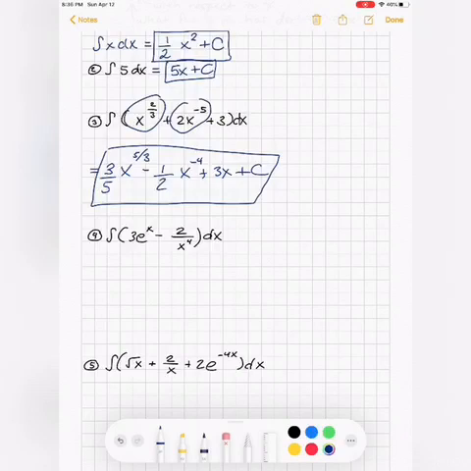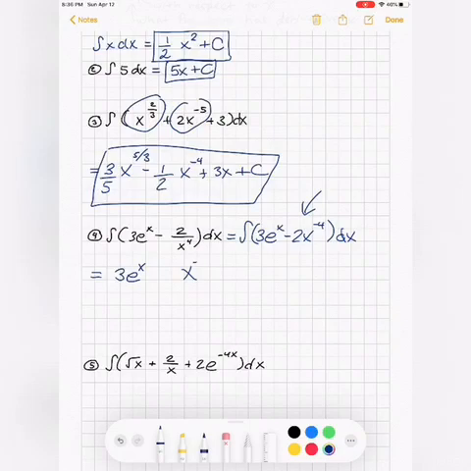Okay, let's see. Well, the integral of e to the x is just e to the x. Okay, what about this term? Well, let's see. I need an x to the -3.